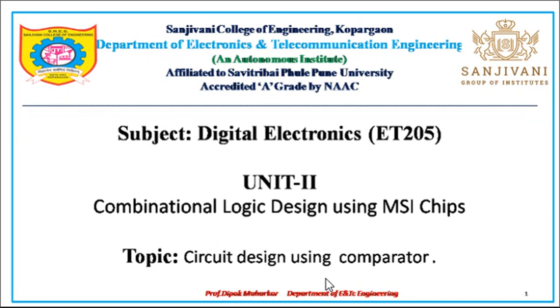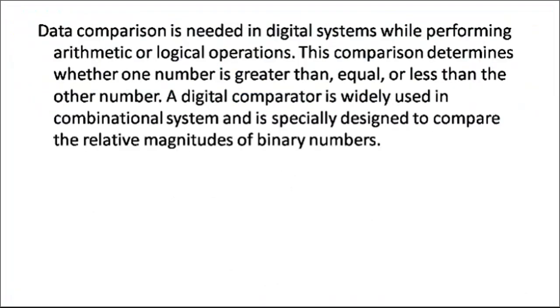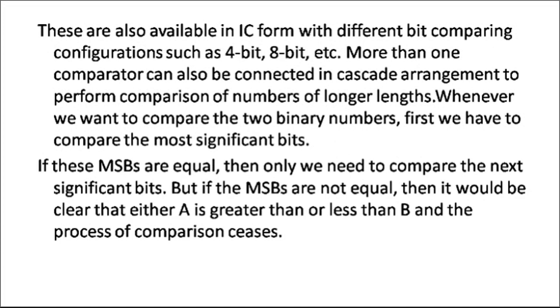The first thing, in unit number 2, combinational logic design, the point is circuit design using the comparator. First I will make clear that a combinational circuit depends only on the present input. One of the best examples is a comparator.